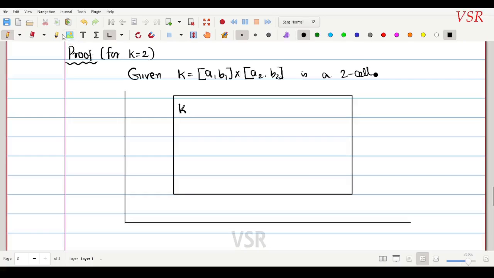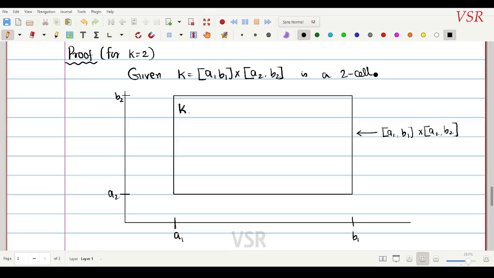I call this x1, and this point I call my A1. So this is my A1 and this is my B1. And this point is A2 and this point is B2. So this is the closed interval A1 comma B1 cross A2 comma B2. So this is my K.